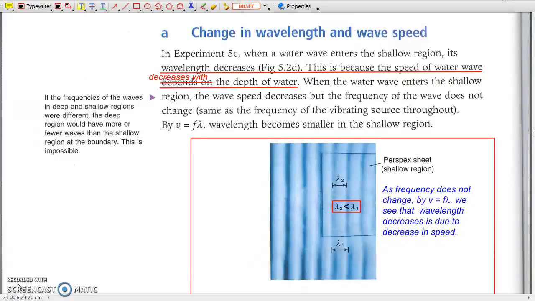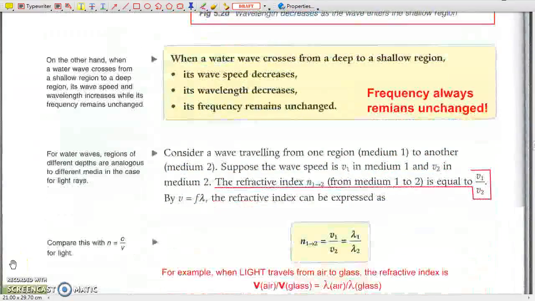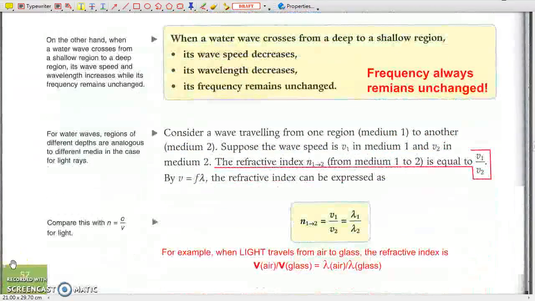In other words, as the speed and wavelength are directly proportional, when frequency remains unchanged, the ratio of speeds equals the ratio of wavelengths. And therefore, we have the following relationship, that v1/v2 = λ1/λ2 as frequency remains unchanged.